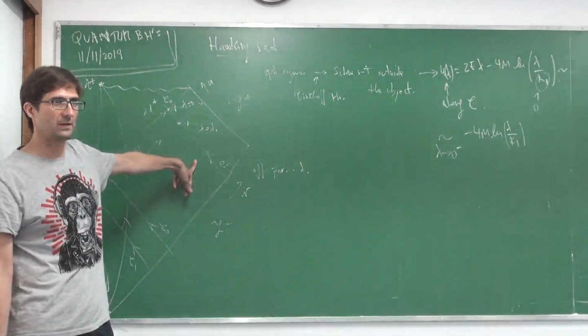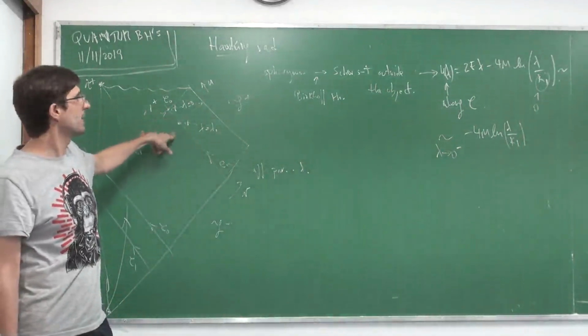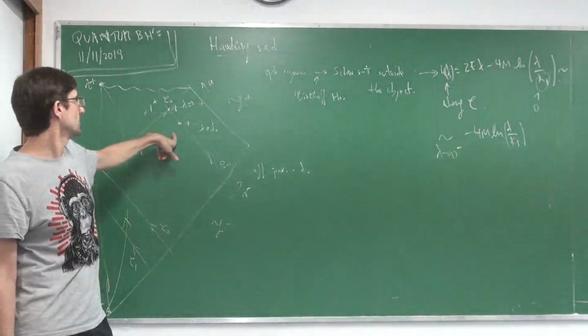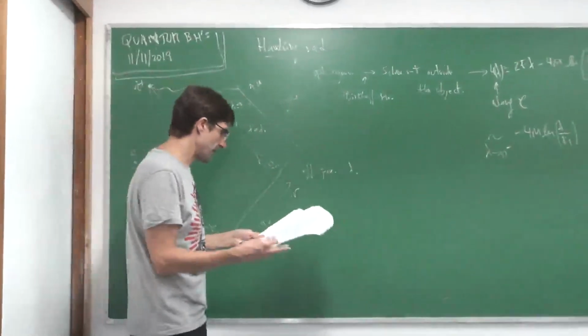Lambda. So what's the difference in the values of lambda between these two points? Lambda 0 minus lambda 1.